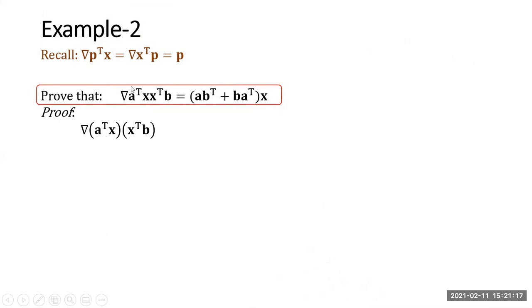Now, what I do is I take the first two factors here, A transpose X, as one factor, and likewise I club X transpose B together. So that's my second factor. And then I proceed to do the derivative. I have to show that this left-hand side, this derivative of this whole thing, is equal to the right-hand side.